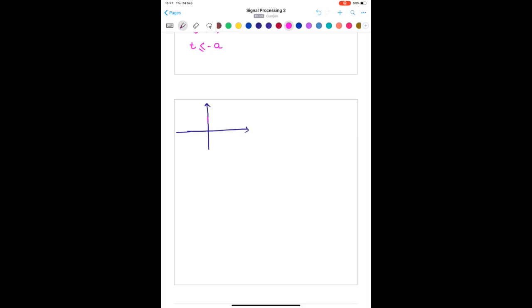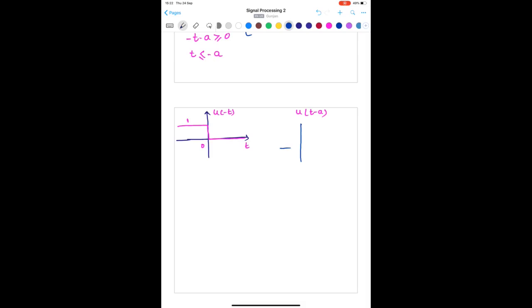if I have to sketch u of minus t, then it will be this. If I have to sketch u of t minus a, it will be 1, and for the remaining it is 0.